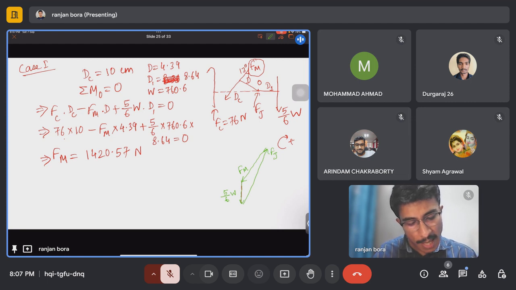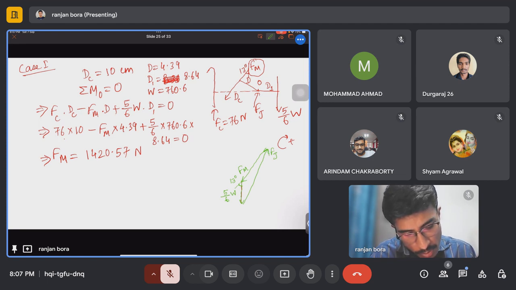You can see I am representing all the forces according to their directions. This 5 by 6 W is acting vertically downward, then Fj is acting along this direction, and Fm is acting along this direction. And this angle is given, 13 degree.